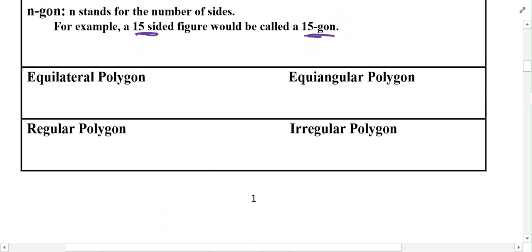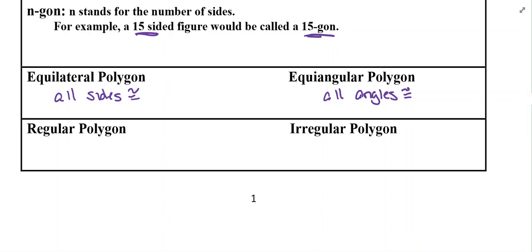Equilateral polygon, all sides are congruent. Equiangular, all angles are congruent. We will find that if a polygon is equilateral, it's also equiangular. If it's equiangular, it also has to be equilateral. A regular polygon has to be convex.